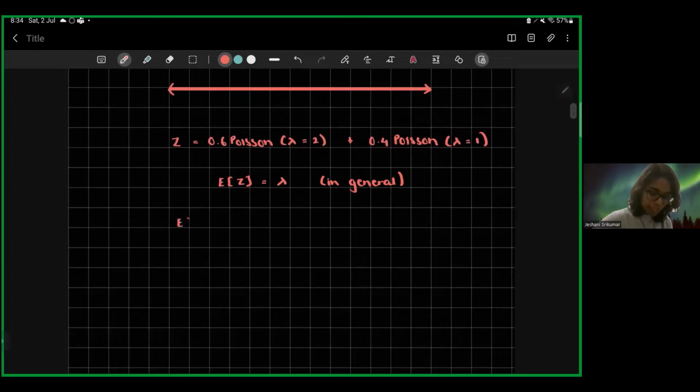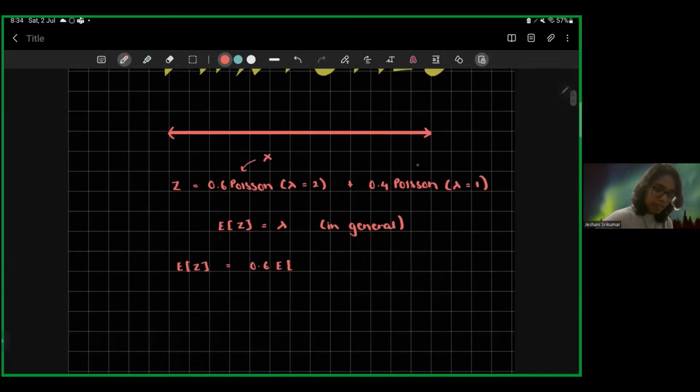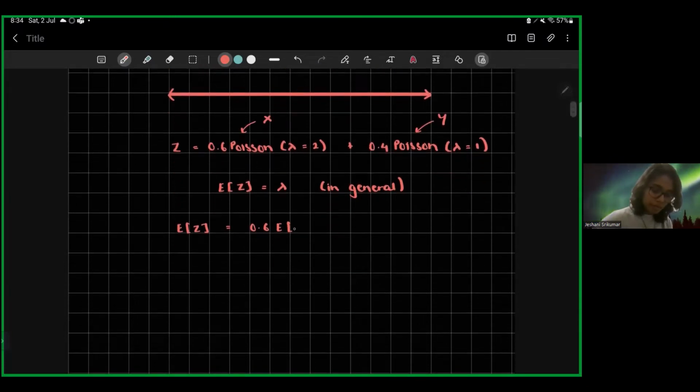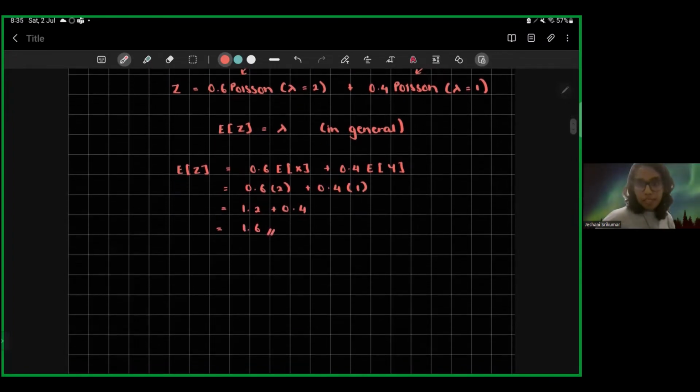So the mean of the whole distribution, which is Z, will be 0.6 into the mean of, let's call this X and this Y, so it will be into the mean of X plus 0.4 into the mean of Y. Since we know that in a Poisson distribution mean is lambda, here it will be 0.6 into 2 (lambda is equal to 2) plus 0.4 into 1, which is 1.2 plus 0.4, which is equal to 1.6. So this will be the mean of the entire distribution.